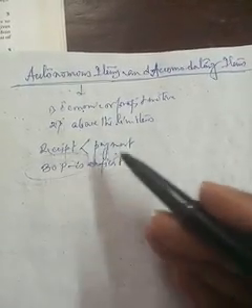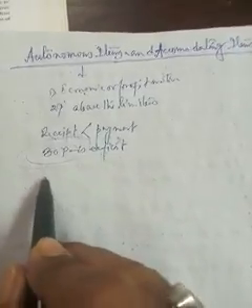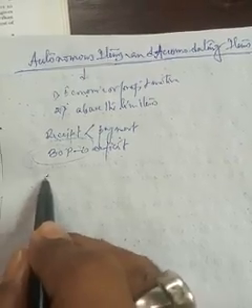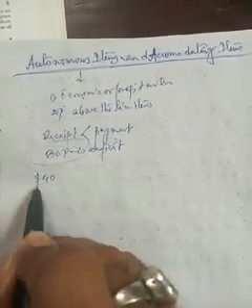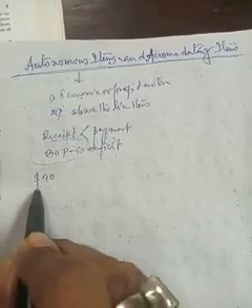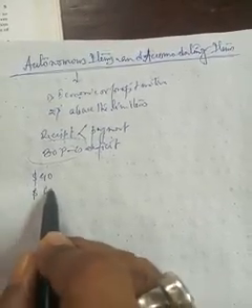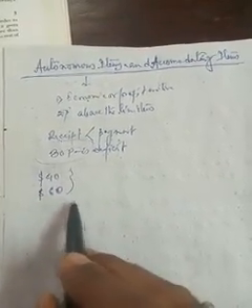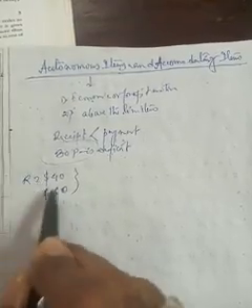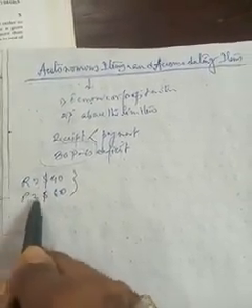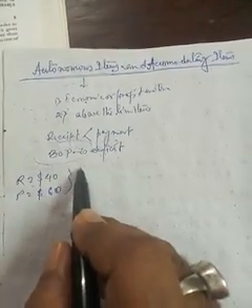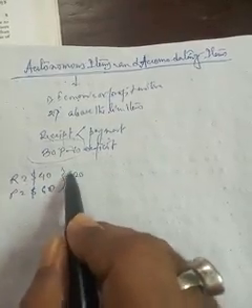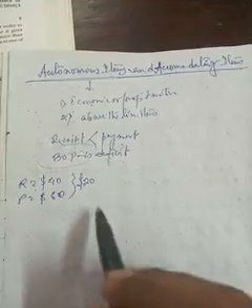Suppose we are receiving $40 and our payment is $60. Then how much is the deficit? $20 is our deficit.